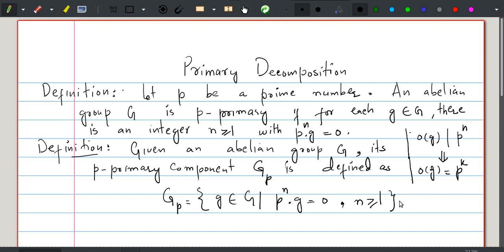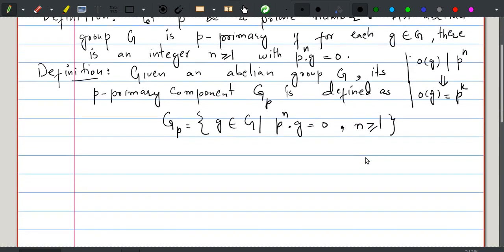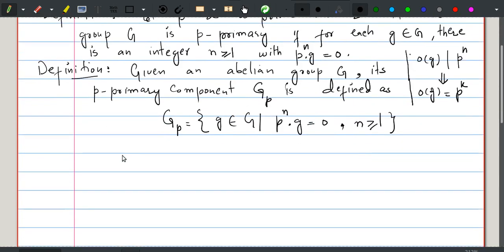That means all those elements of G whose orders divide the number p to the power n, or in other words, all those elements of G whose orders are p to the power some positive integer. Then G_p is said to be the p primary component.